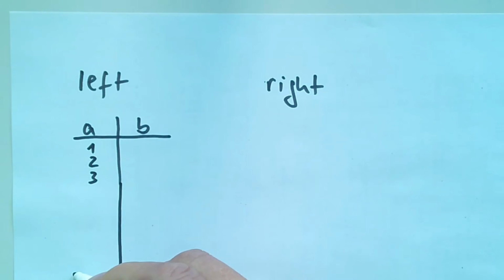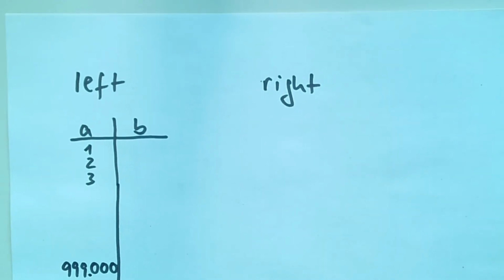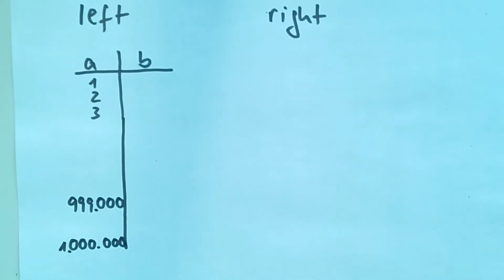Let me sketch the tail of the A column here. The last value will be 1 million. So that would be the distribution of values in the left table.